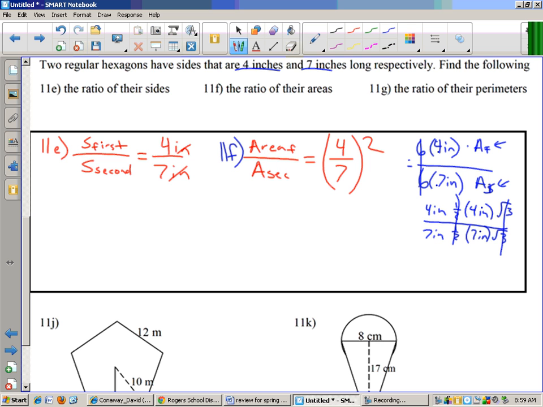Now, we talked about this when we talked about digging the hole, and we said that if you dig a hole twice as deep, twice as wide, and twice as long, then your volume's actually going to be times 8. It's not just times 2, it's times 8. Well, the same thing with area.